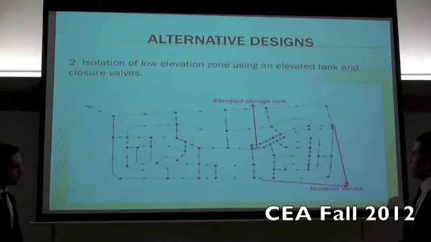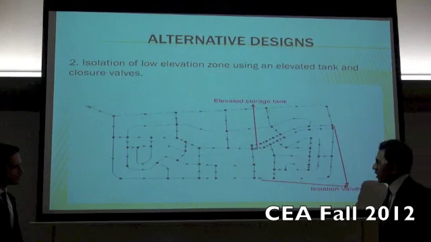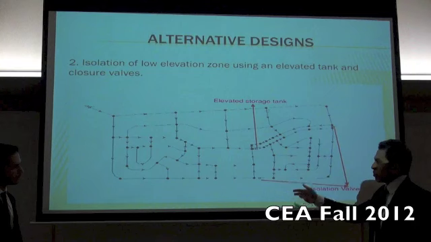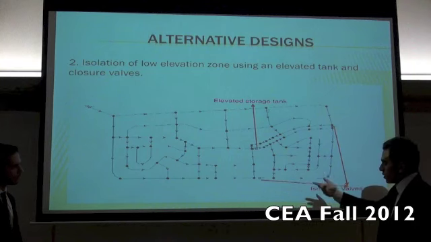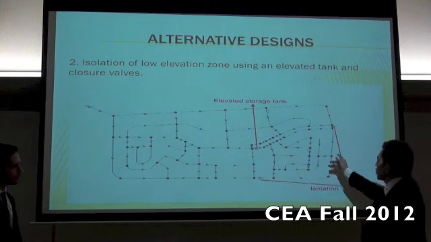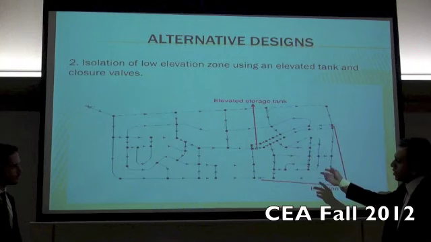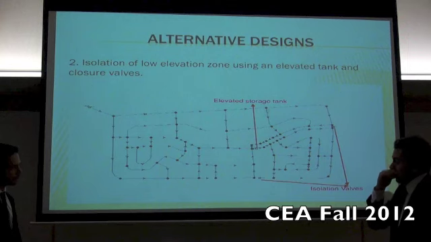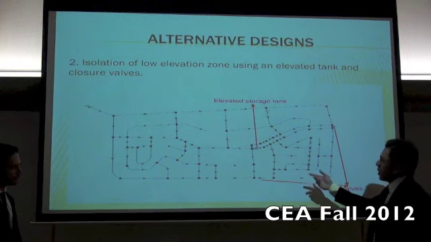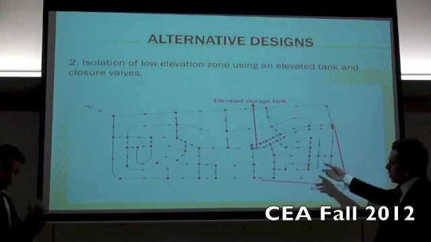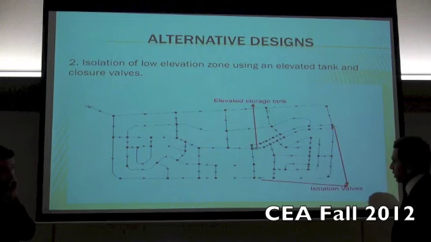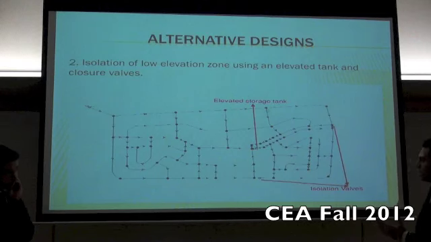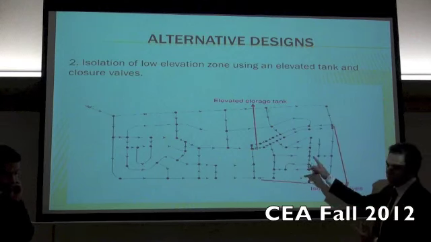So in the morning, the tank will be emptying and supplying water to this area, and during the evening it will be filling, when the demands in this area are minimal. So it acts as a balancing tank, and thus it reduces the pressures in this area.